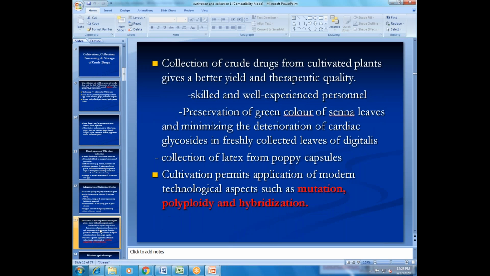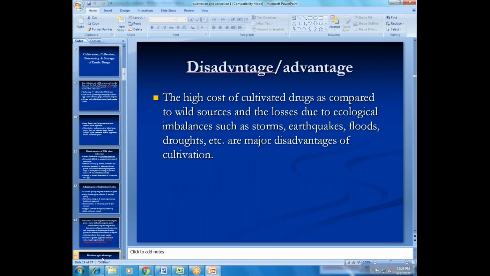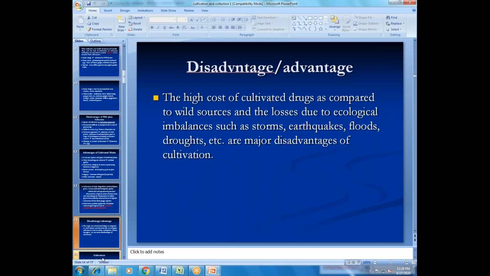So this I want you to read: disadvantages of wild plant collection, advantages of wild plant collection, advantages of cultivated plants, and disadvantages of cultivated plants.